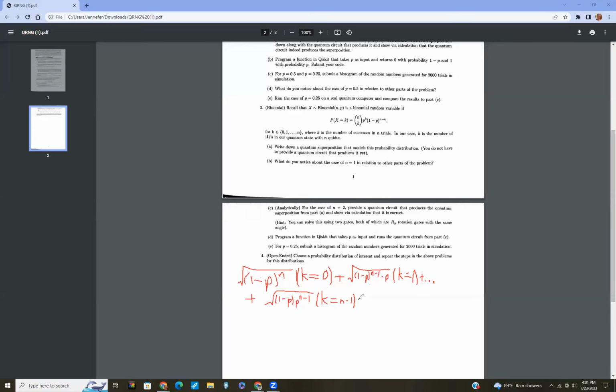And then that's just going to be plus the square root of p to the n, where there are n ones, times all states where there are n ones in the quantum state. So I'll just write it as that pretty much. So that's what I was thinking. Oh, sorry. So the labels k equals 0 all the way up to k equals n, are those going to be the label of the ket state? So you're going to write the binary value of k.